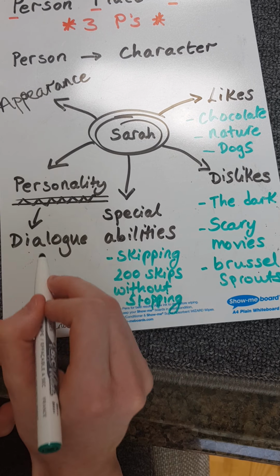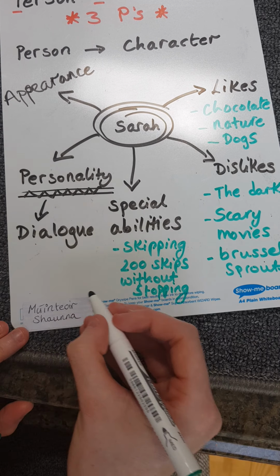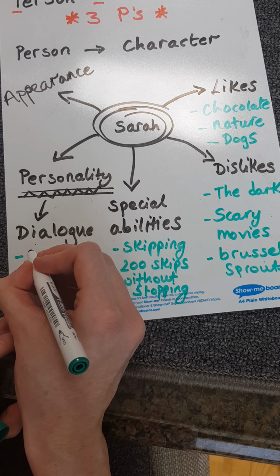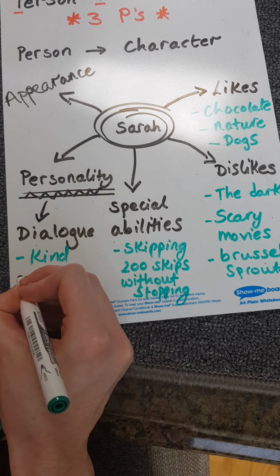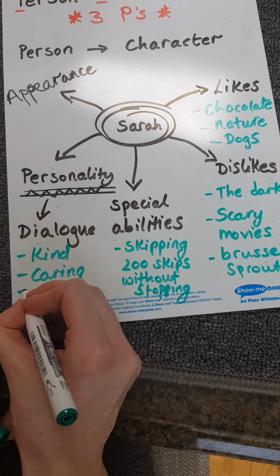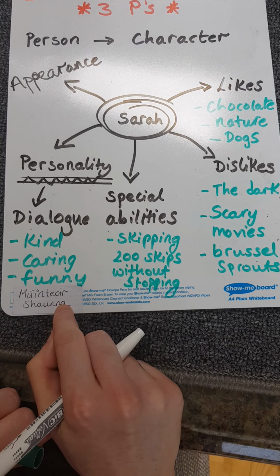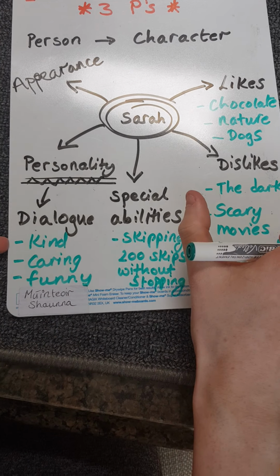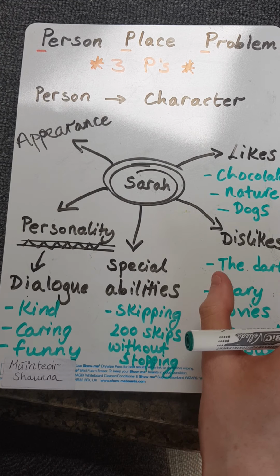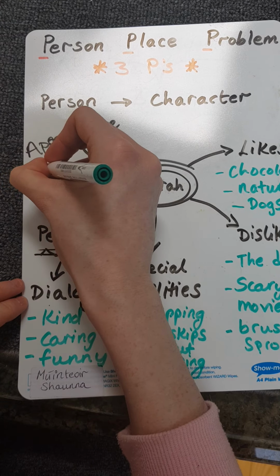Now, personality through dialogue, we'll get into the dialogue later, but what kind of a personality does Sarah have? I'm going to say that Sarah is very kind, she's very caring, and maybe she might be funny as well, okay? That'll be reflected in the things that she says in my story. Her appearance. Sarah is tall.